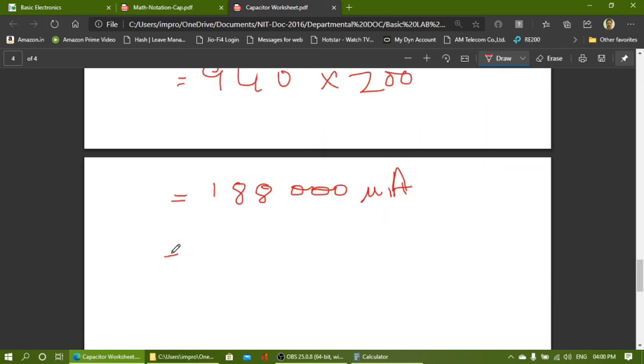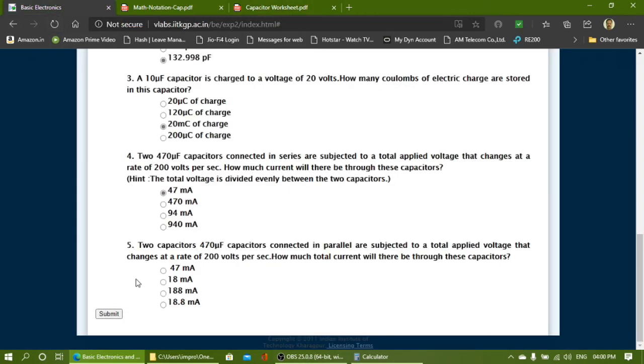Make a conversion to milliampere. So clearly from here you will write 188 mA. Find your option for the fifth question. The third option will be the correct answer.